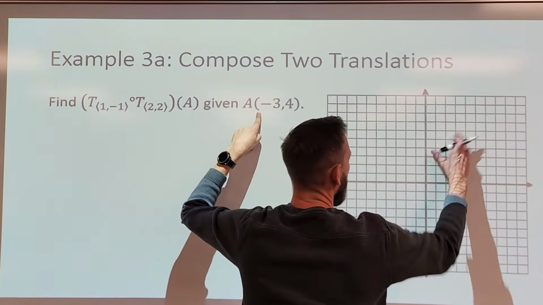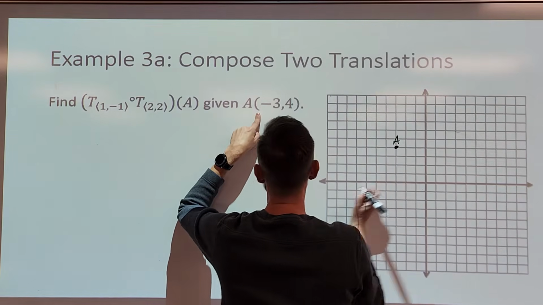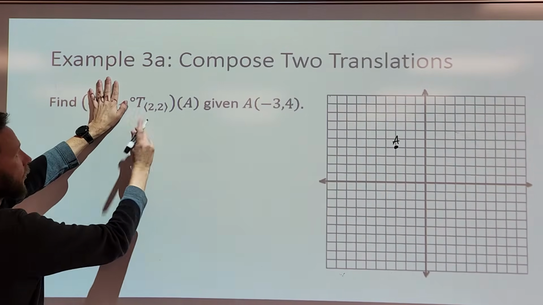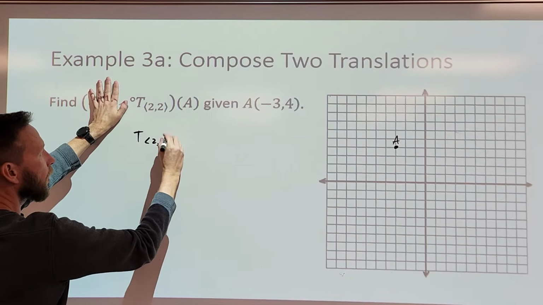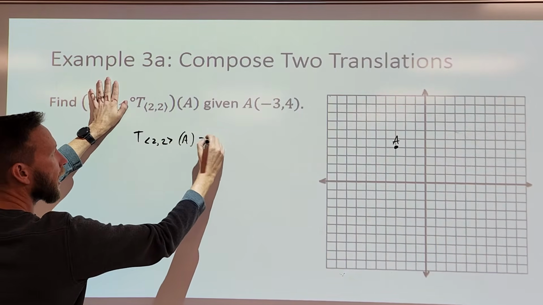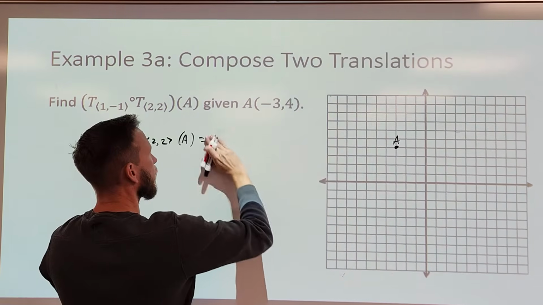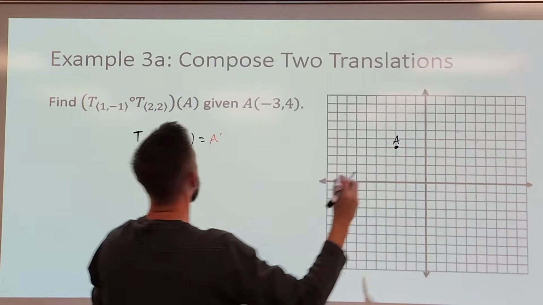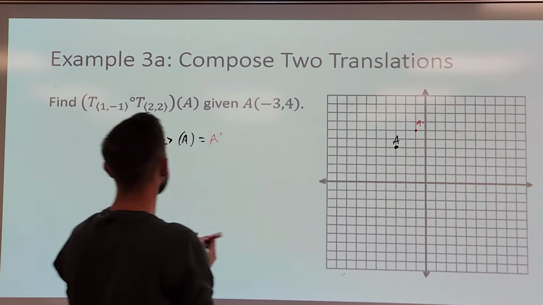So if point A is at (-3, 4), and I want to do the translation forward 2, up 2 of point A to get A prime, then I am going to go forward 2 and up 2. That's where A prime is.